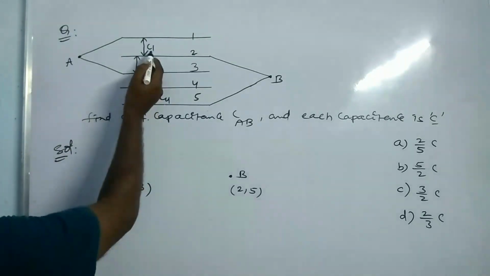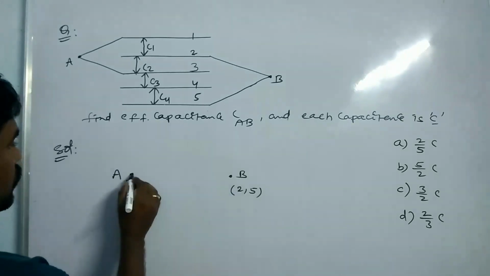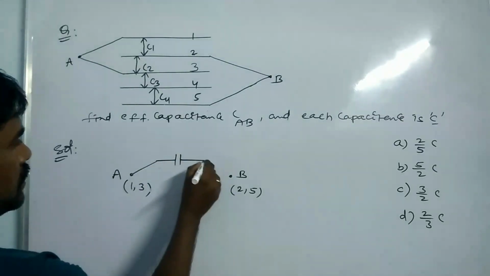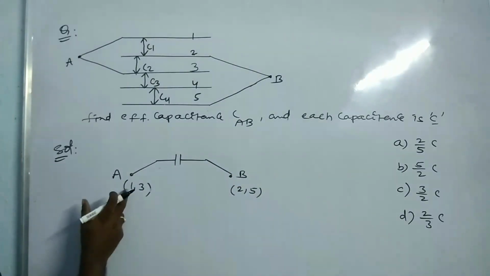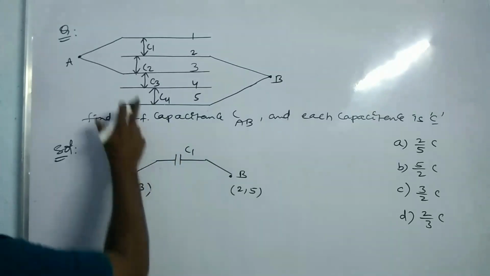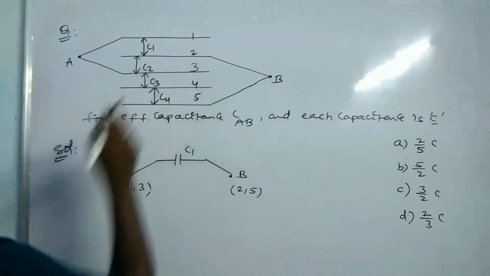The first capacitor C1 is connected between 1 and 2, so draw a capacitor here between 1 and 2. Capacitor C2 is between 2 and 3.